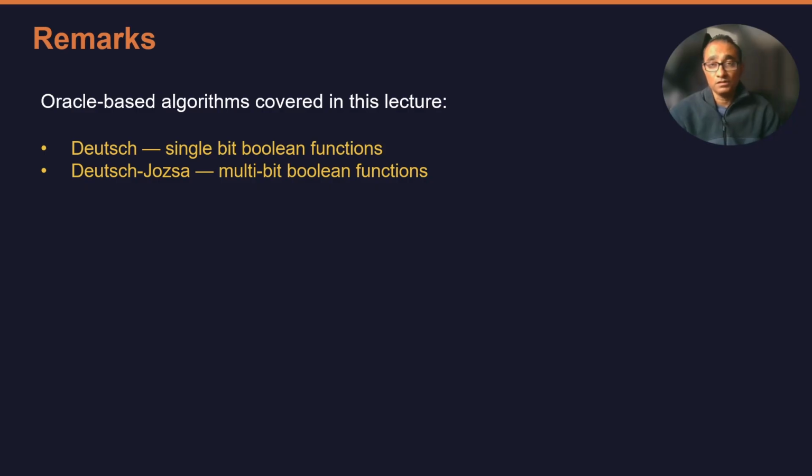Some of the known algorithms that we're going to look into in this series to begin with are the Deutsch algorithm, which is a single bit Boolean function, and the Deutsch-Jozsa algorithm, which is a multiple bit Boolean function, and we will see what the differences are and how the implementation works.